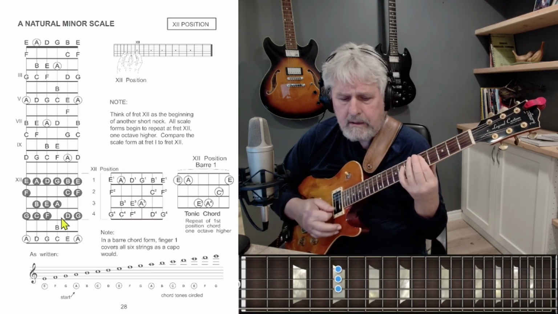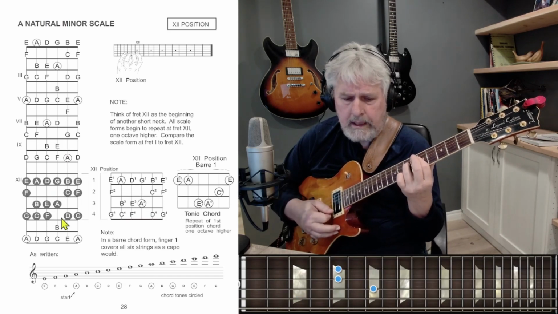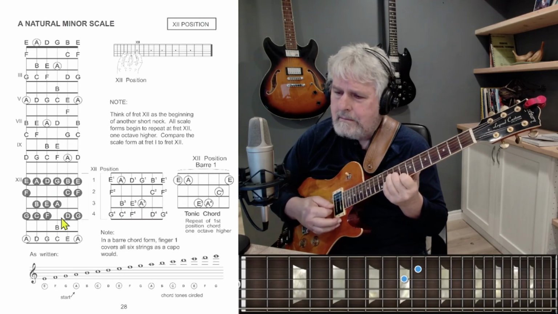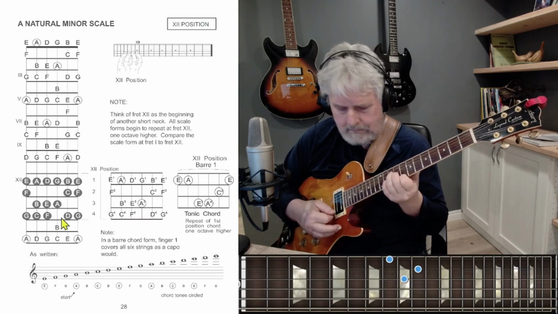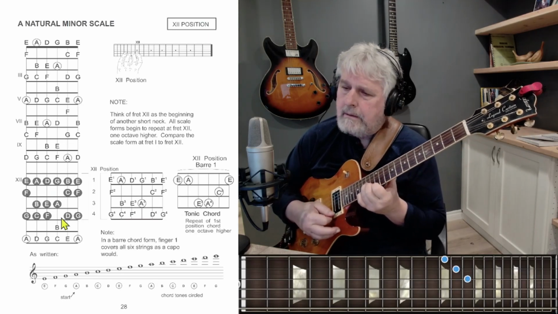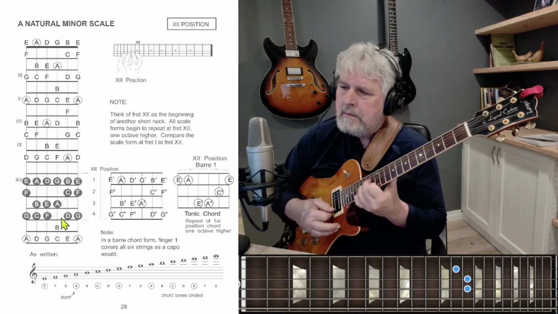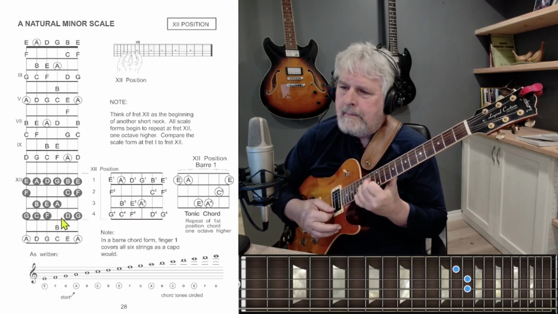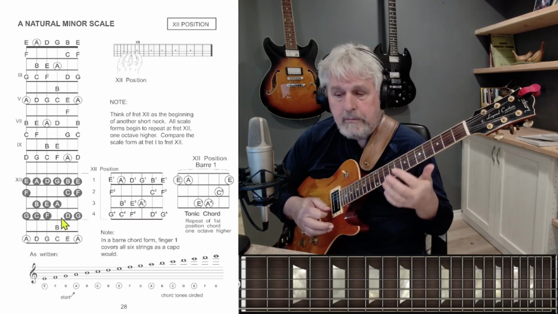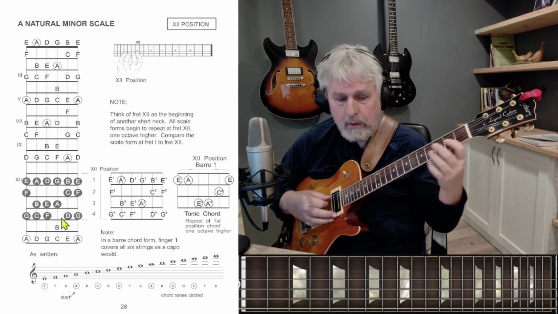Right, A minor, A minor, and then A minor. So yeah, it's not a bad idea to move the chords around the fretboard and get used to them.